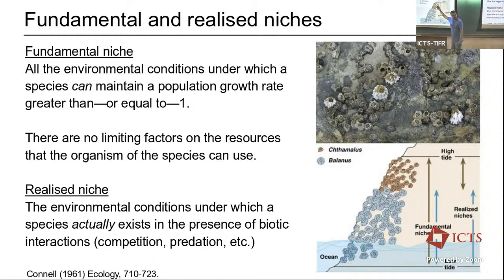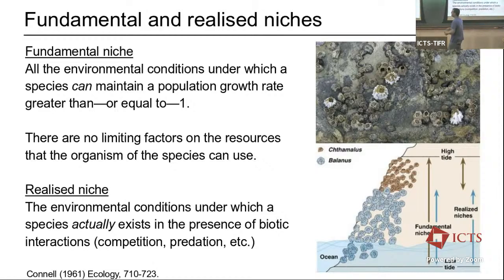So fundamentally, Thamellus can exist in this entire area, but realized, because of the existence of a competitor, it is found only higher up. So the fundamental niche of Thamellus is the entire height of that intertidal pool, but it's found only in the upper part because there is a competitor.